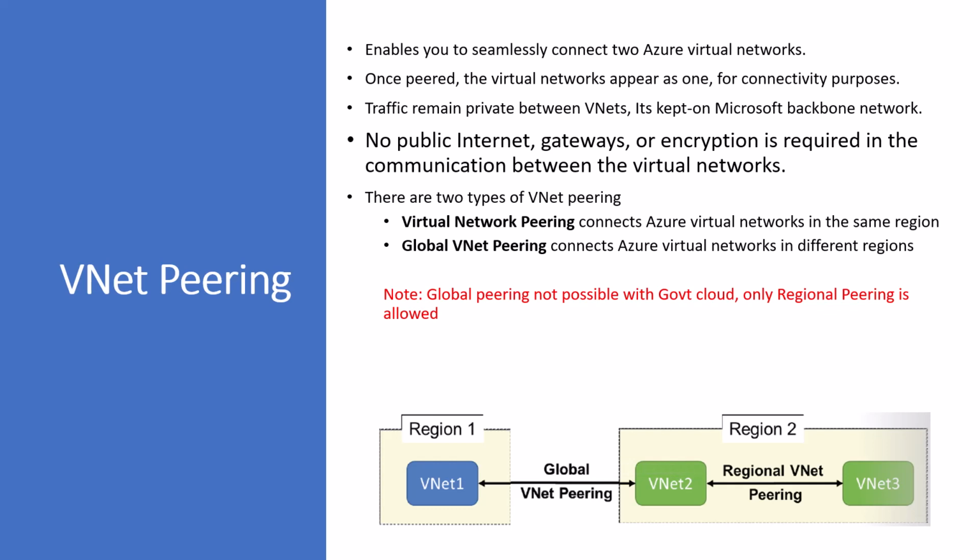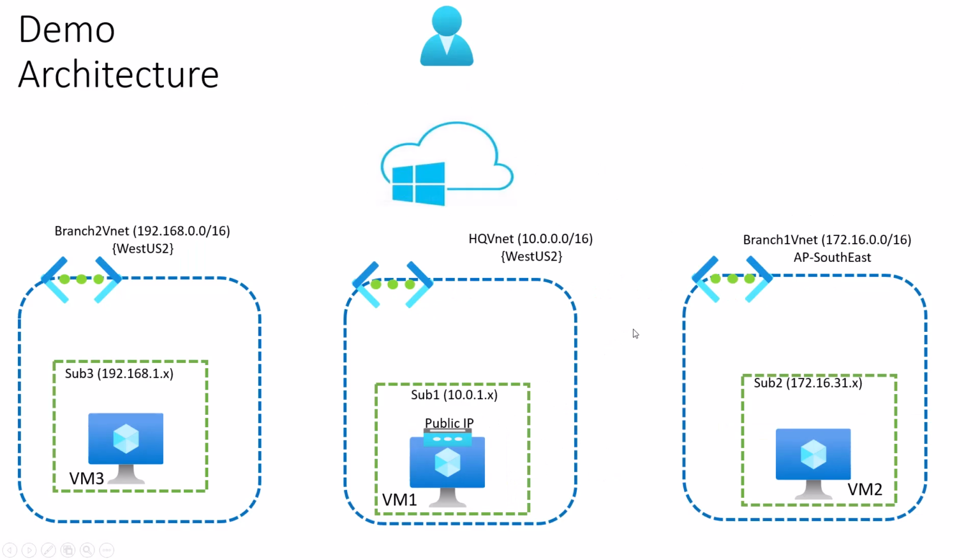Only regional peering would be applicable. So you can see here, if we have VNet 1 in region 1, and VNet 2 and VNet 3 in a different region, then the peering between those two would be known as regional VNet peering, and peering between region 1 and region 2 would be known as global VNet peering.